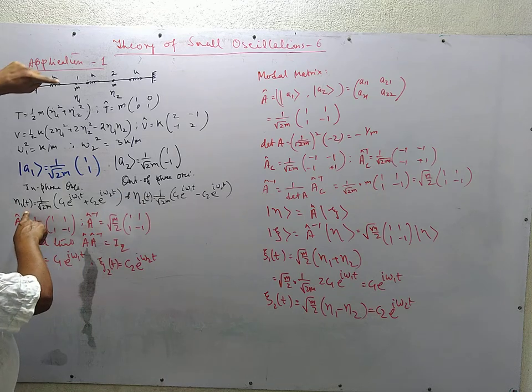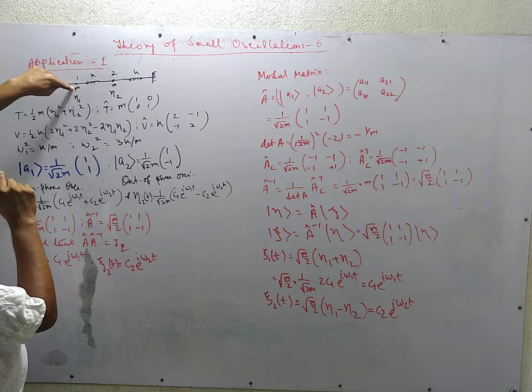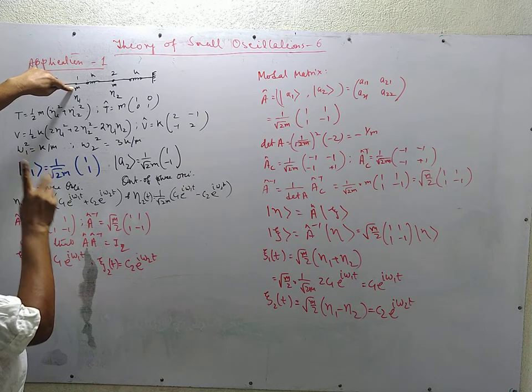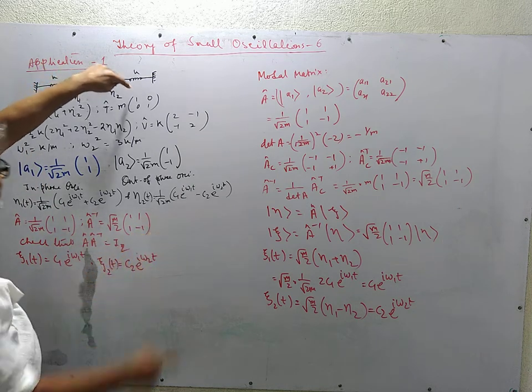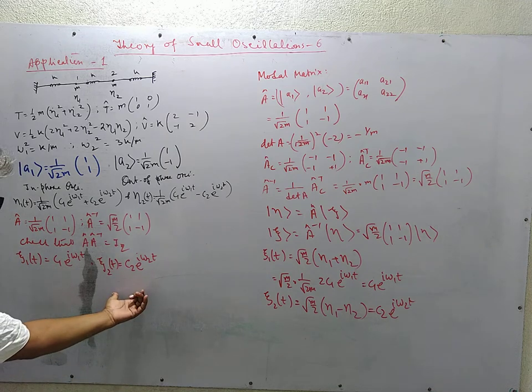But here the oscillations were coupled oscillations. The actual motion of particle 1 is a combination of 2 frequencies, and so is that of particle 2. The normal modes allow us to look at the system in a very simple way. Since the motions are decoupled, the energy of the system will be the energy of this mode plus the energy of this mode.